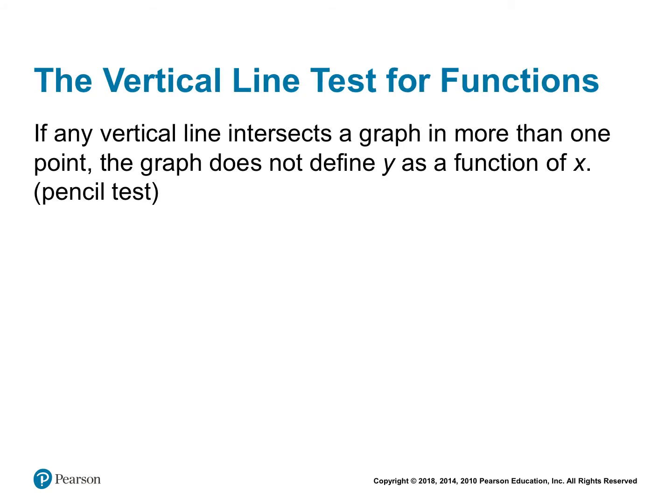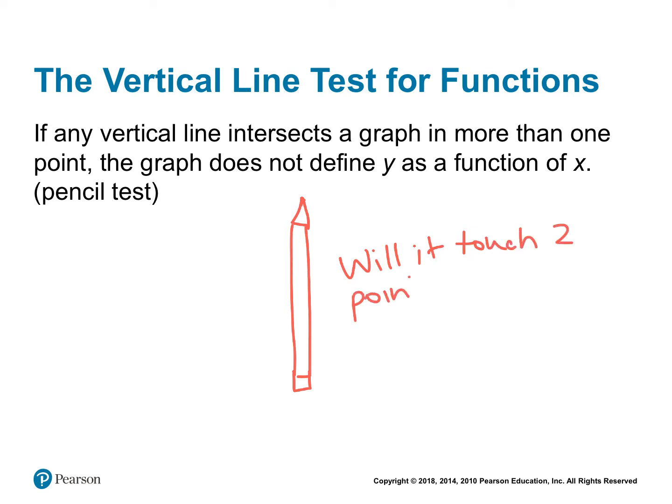We talked about this in the last video. The vertical line test is an easy way to see if it is a function or not. Or I think of the pencil test. If I had my pencil, could I hold it vertically without it touching 2 points in the graph?